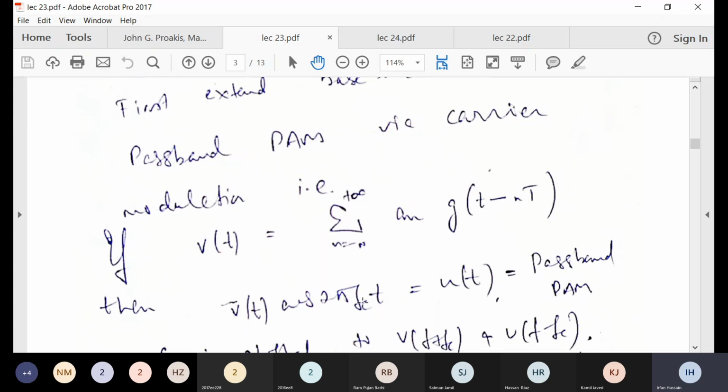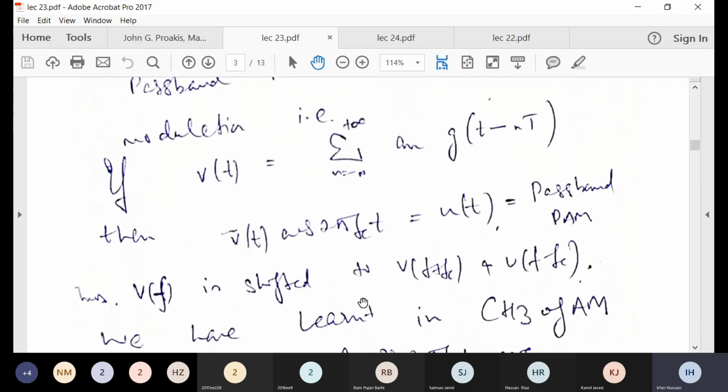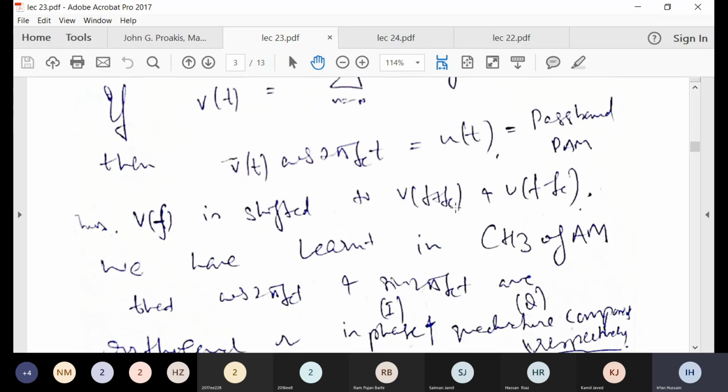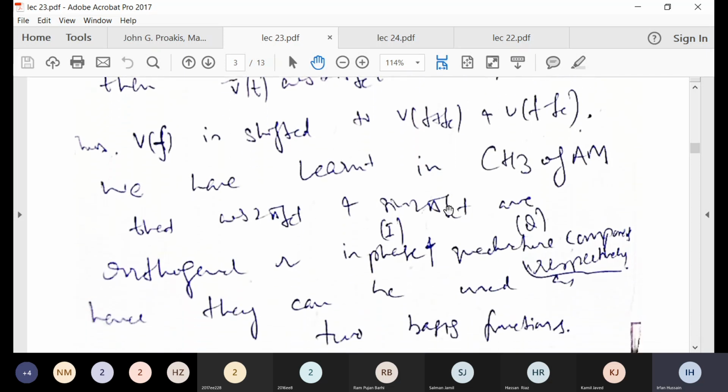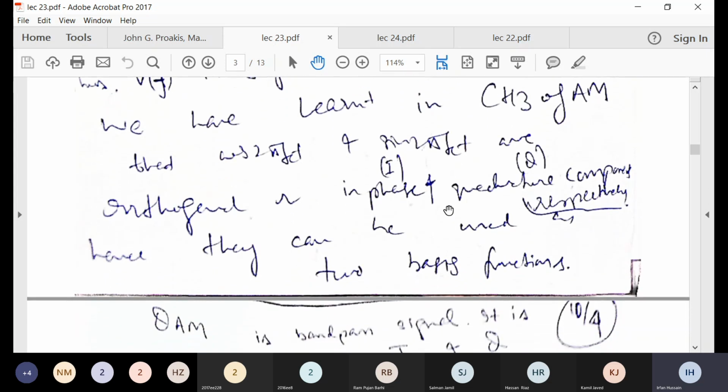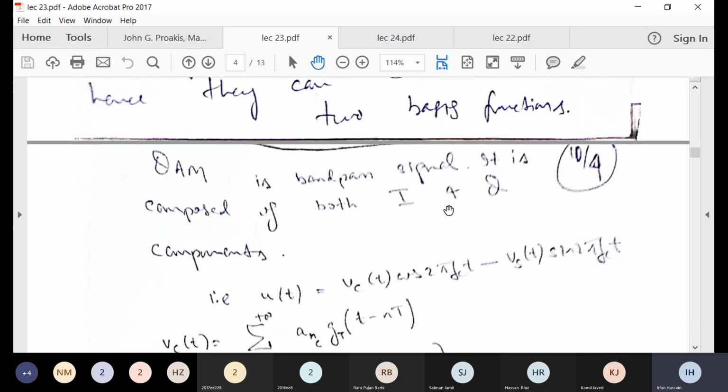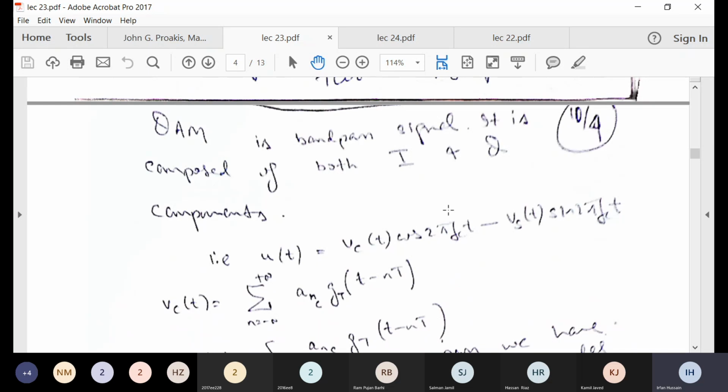So it will now become a passband PAM. Again, it is written V(f) to V(f ± fc). You know what this means. This is going to plus frequency, this is going to minus frequency, and this we have learned in chapter 3. Also cosine and sine are orthogonal, they're called the in-phase and the quadrature, and they become the two basis functions and all that.